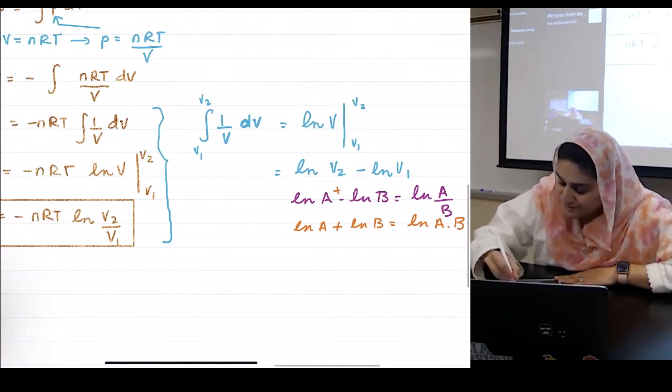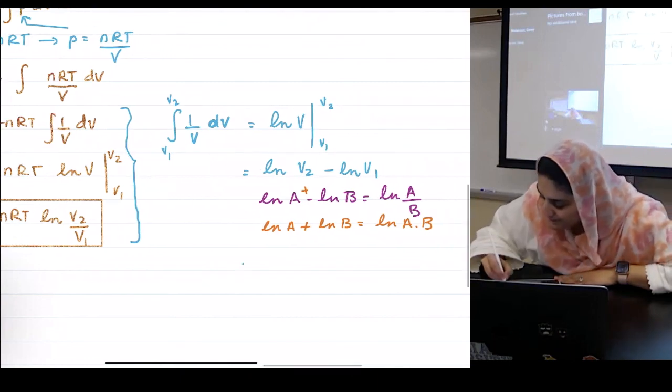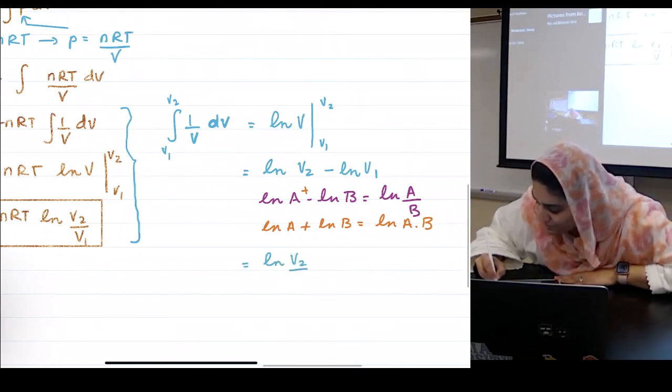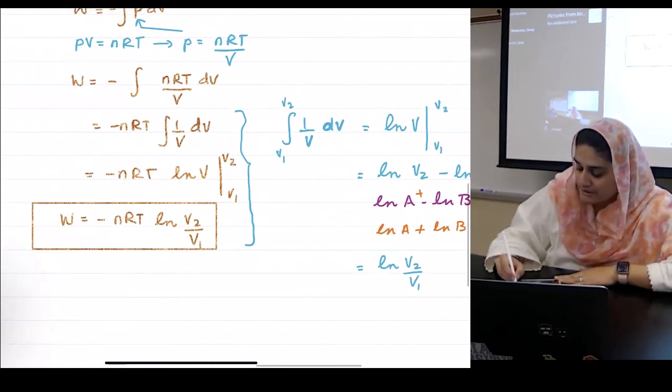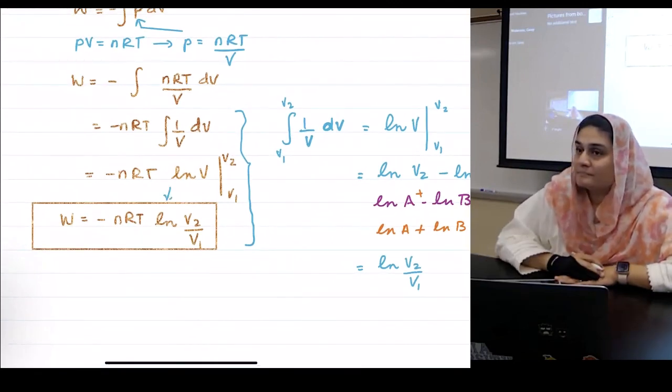Which then leads me to be able to write log of V2 over V1. That's how I got from here to here. Are we good?